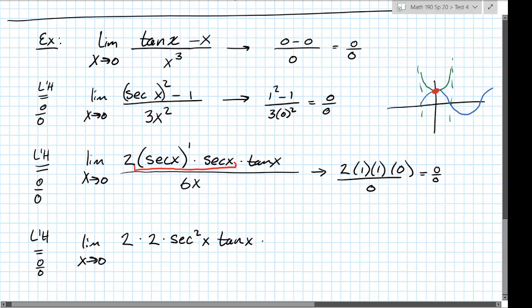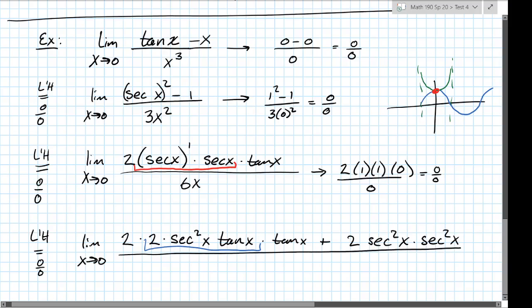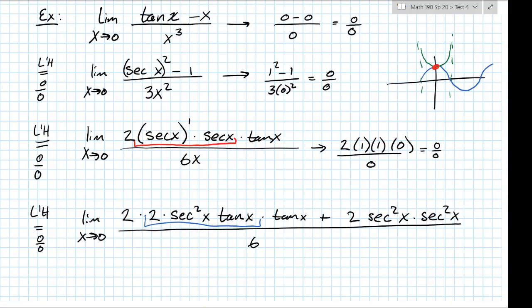So what we're dealing with is 2 times the derivative of the first times the second plus, we have the 2 that carries down, derivative of the first times derivative of the second times the first. On the bottom, it's just the derivative of 6x, which is 6.